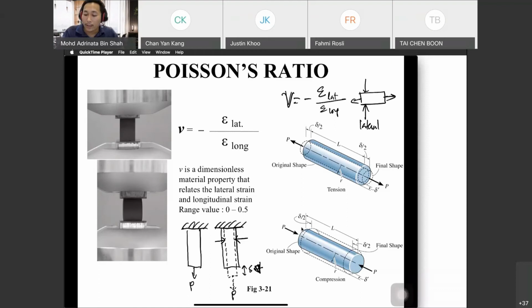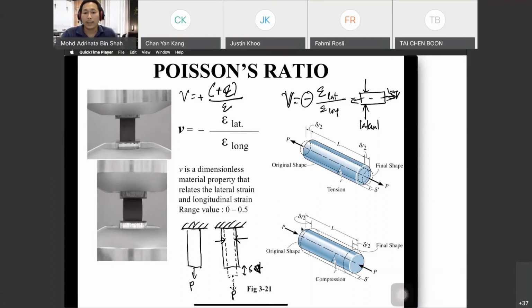And along the x-axis, this is longitudinal strain. Okay, why is it negative? Because mu is normally positive, but we put it as negative because lateral strain will have a negative value and longitudinal strain will have a positive value, which will make it a positive one.